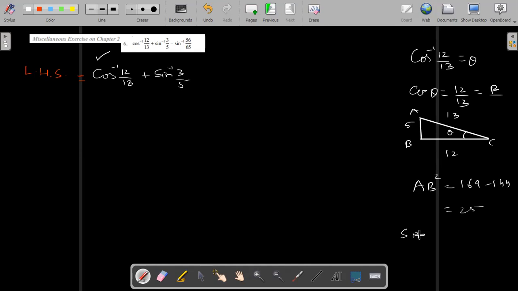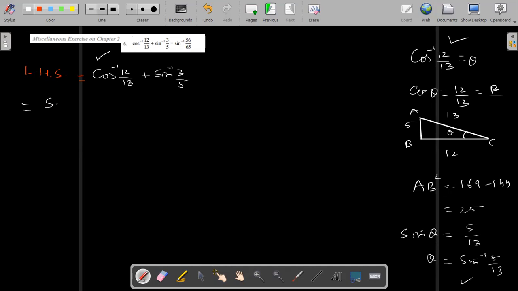So we have to convert to sine. So sine theta will be equal to 5 upon 13. So theta will be equal to sine inverse 5 upon 13. So we can write cos inverse as sine inverse 5 upon 13.